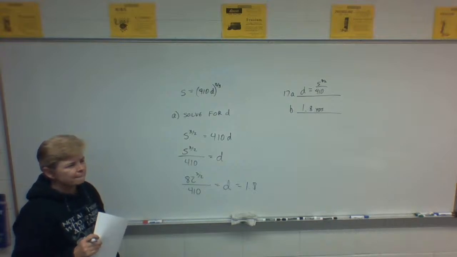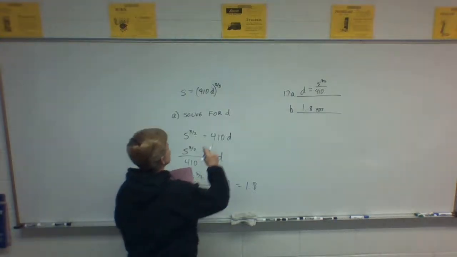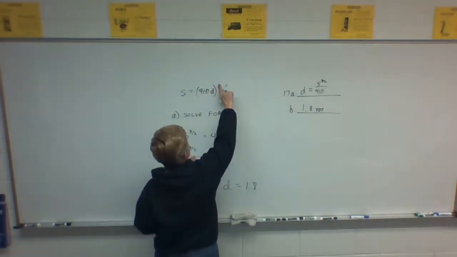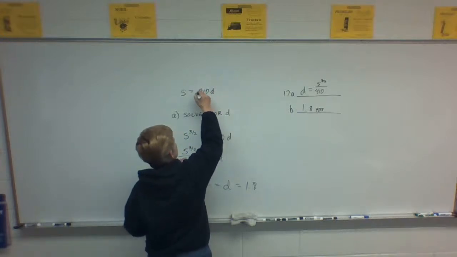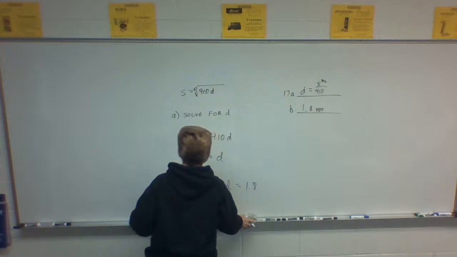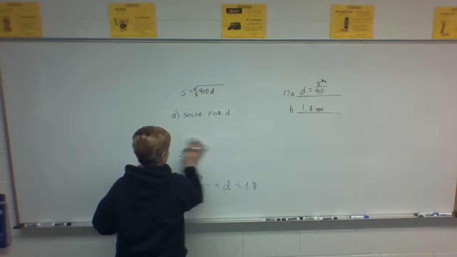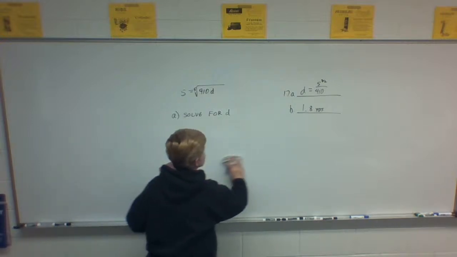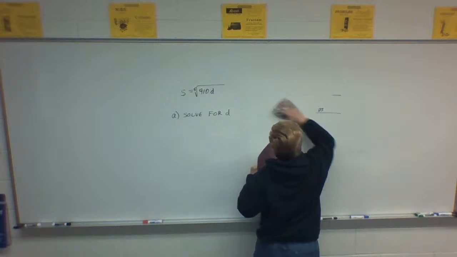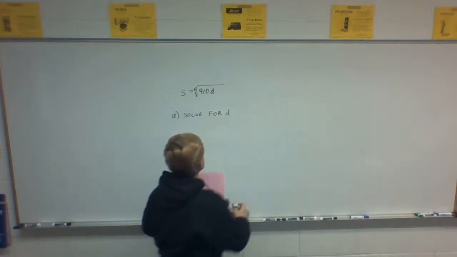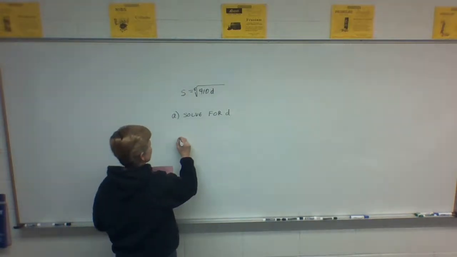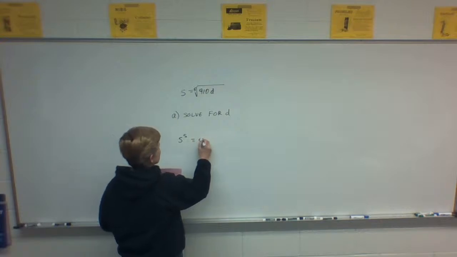Y'all okay with that? Now, what would you do if this were 410D to the, and it was like this instead? How would you solve for D in that case? Yeah, you go S to the 5th equals 410D.